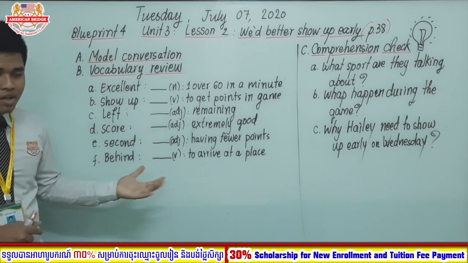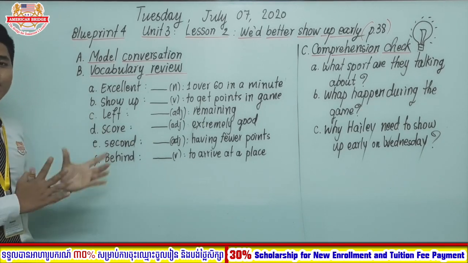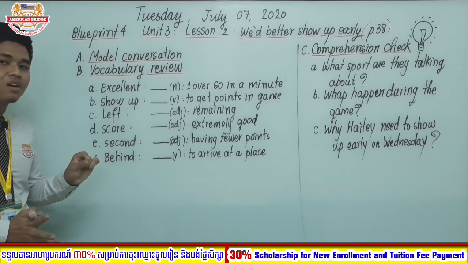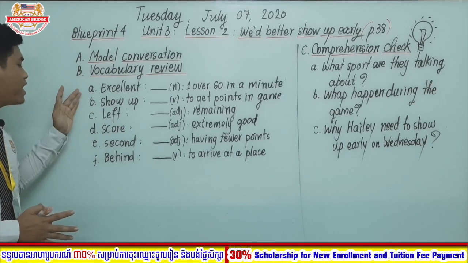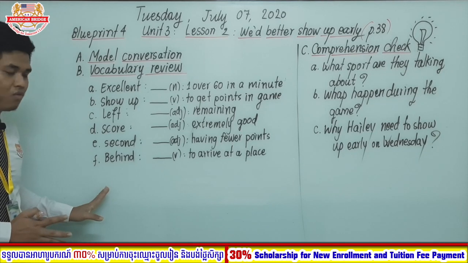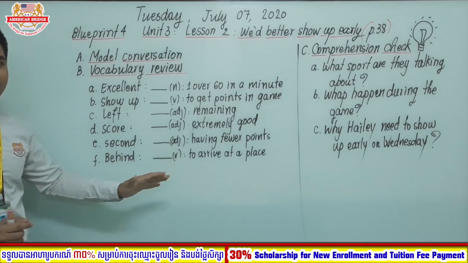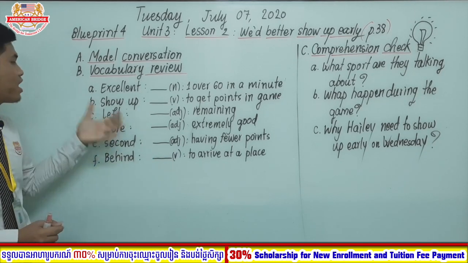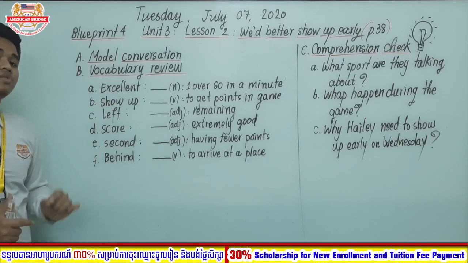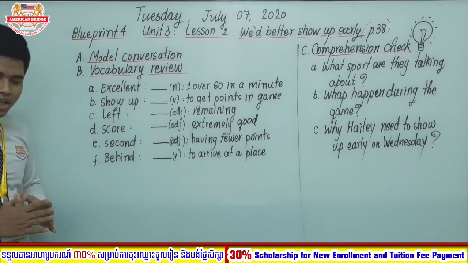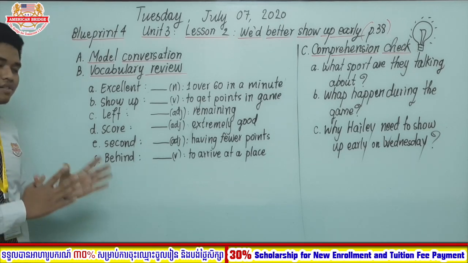Before I give you the answer, I would like you to think about the correct answer for letter A up until letter F. Which definition fits with letter A, letter B, and letter C? So everyone, you should spend around 2 or 3 minutes thinking about the correct answers.